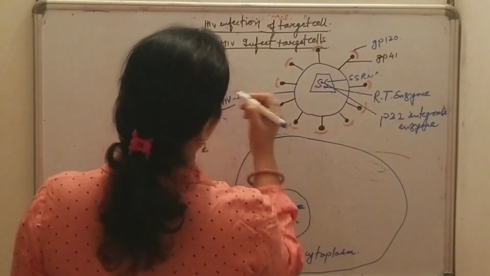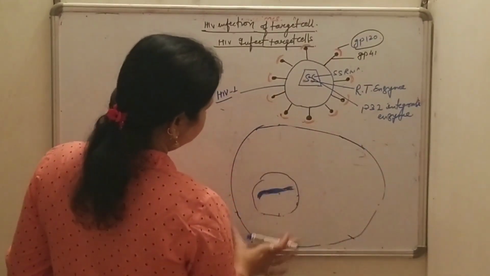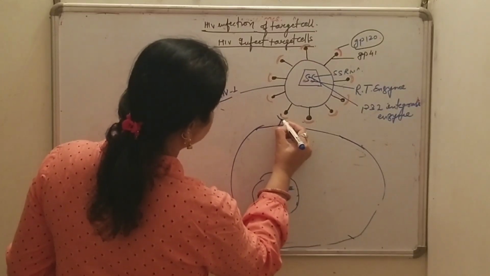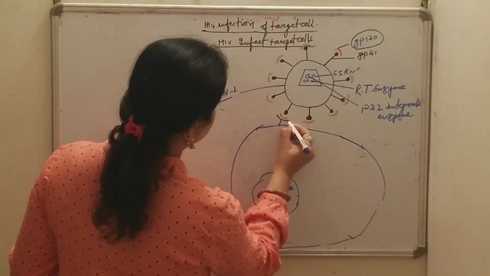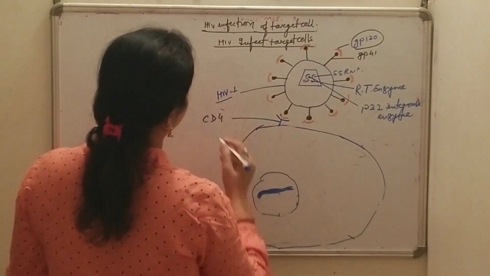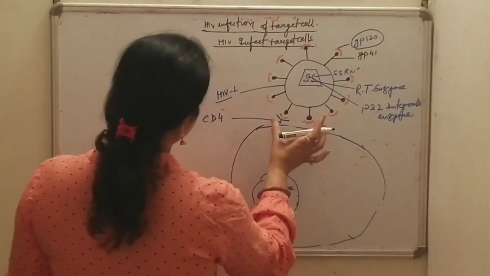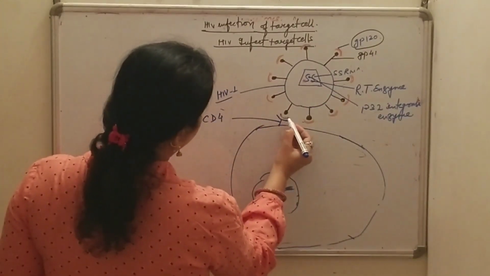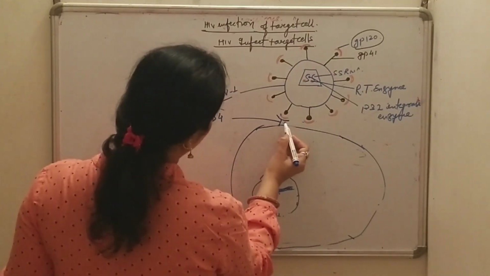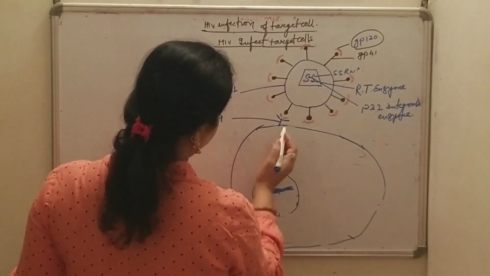This is HIV-1. On the surface of the host cell, the target cell, there is a molecule known as CD4. In the first step, HIV glycoprotein 120 binds to CD4 which is present on the target cell surface membrane.